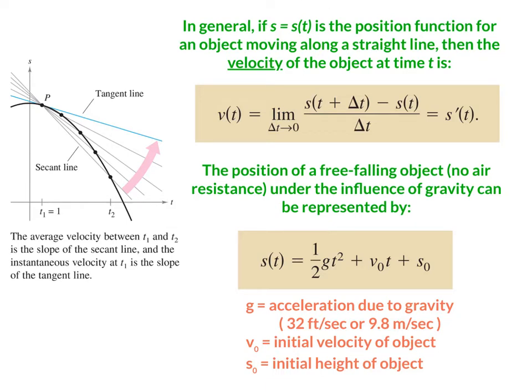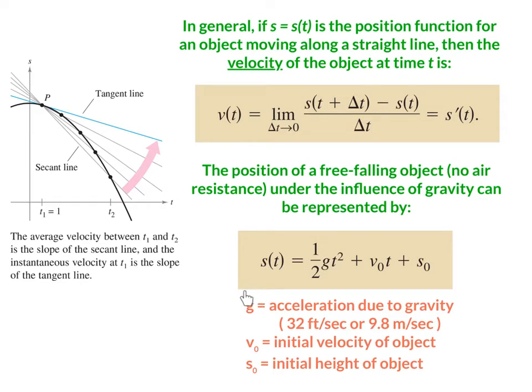We can represent that position function for a free-falling object with no air resistance under the influence of gravity as this equation right here. We've got our old friend s of t, and we see t in that equation in 2 places, but we also have new variables here that we can plug information into in order to work with that position function.